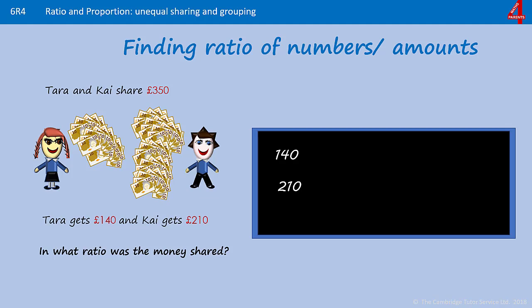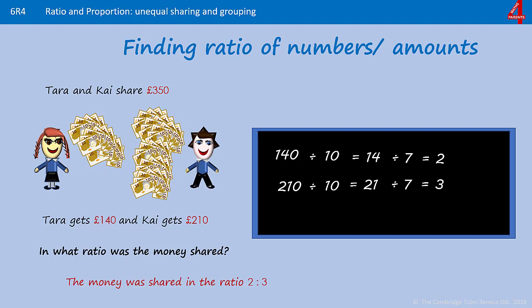So if we divide 140 and 210 by 10, we now have 14 and 21, and both those will divide by 7. 14 divided by 7 is 2, and 21 divided by 7 is 3. So the ratio in which the money was shared was 2 to 3.